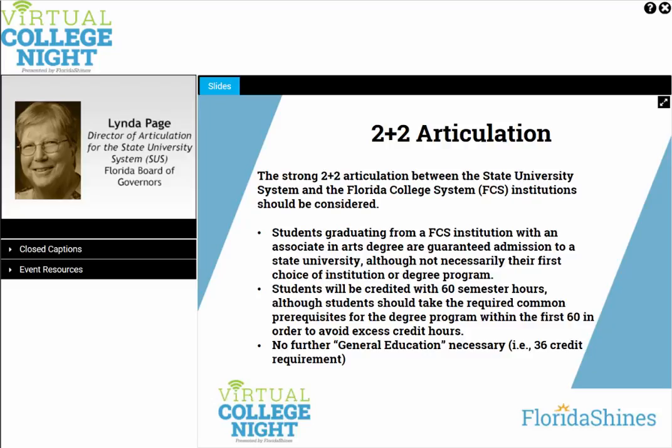As Dr. Barrett talked about with the AA, Florida actually is nationally recognized for the 2+2 articulation. This is a smooth transition for the Florida College System AA graduate.